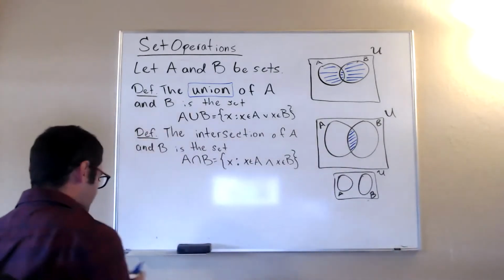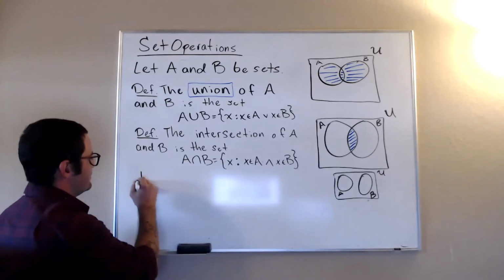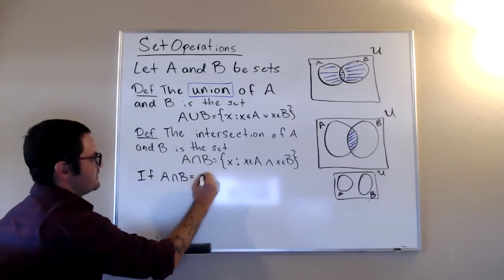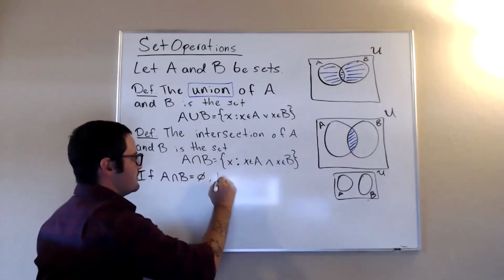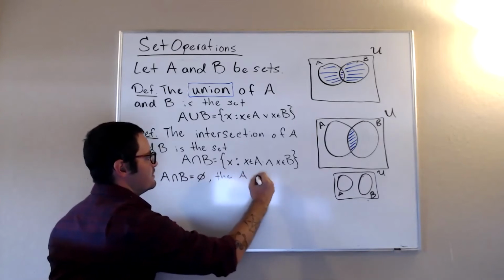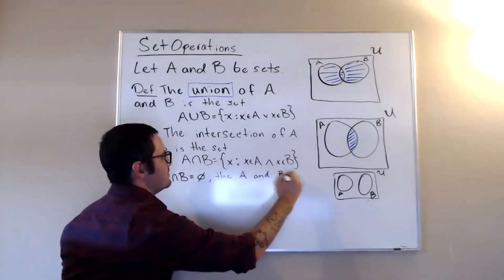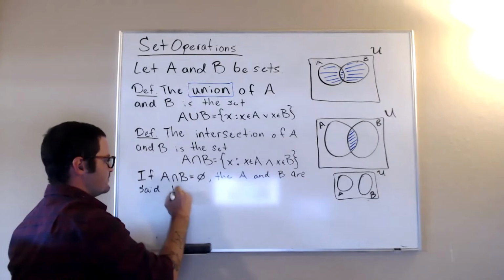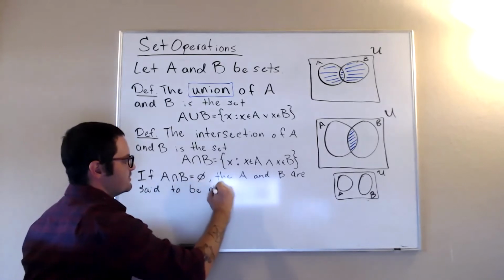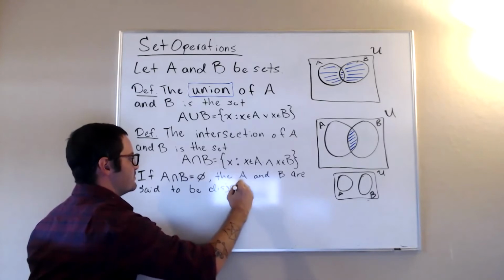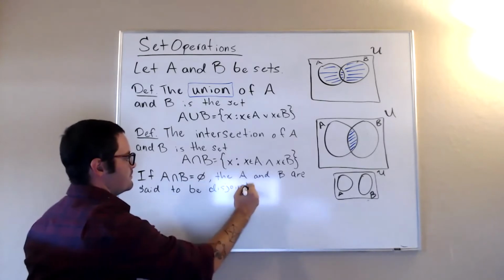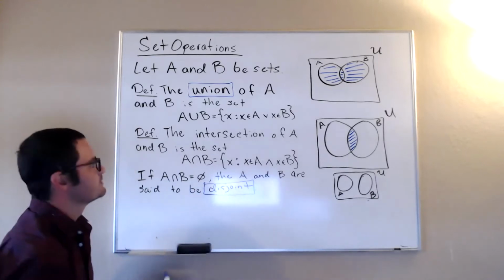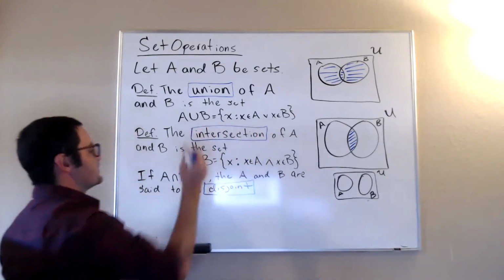So just note that if A intersect B is the empty set, then A and B are said to be disjoint. Okay, so if their intersection is empty, they're disjoint sets. This is again the definition of the intersection.